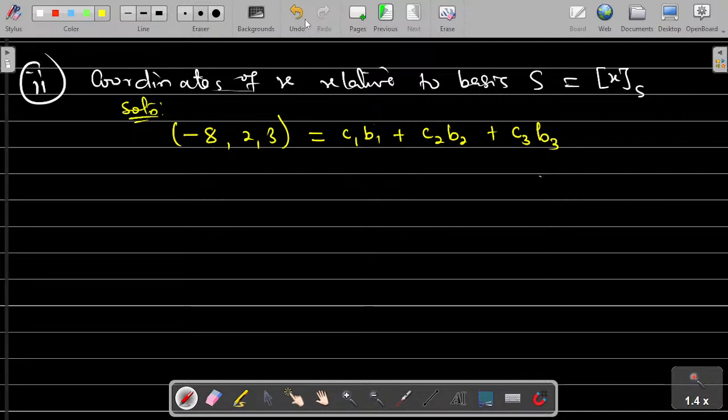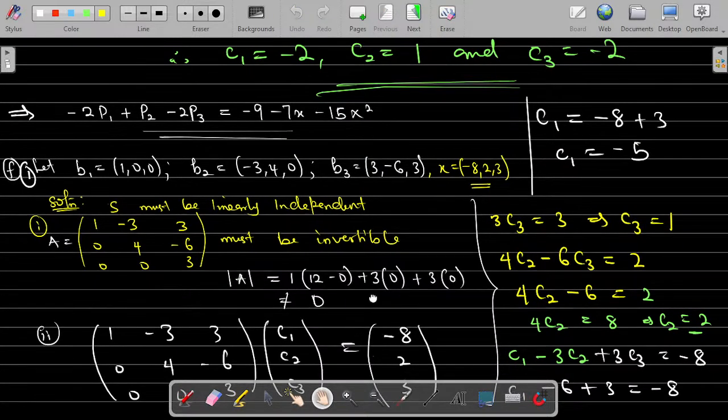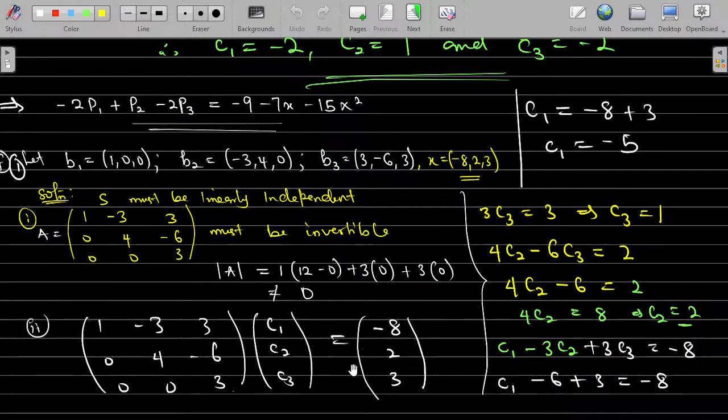But let's go back a little bit to our previous page, and that's exactly what we actually achieved here. Isn't it? So we actually got c1, c2, c3 that you will multiply with b1, b2, b3 to give you x. So if that is what we achieved, then there is no point stressing it again.